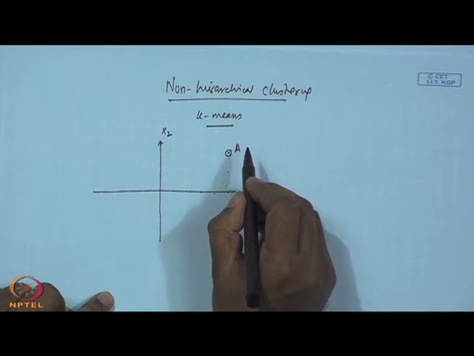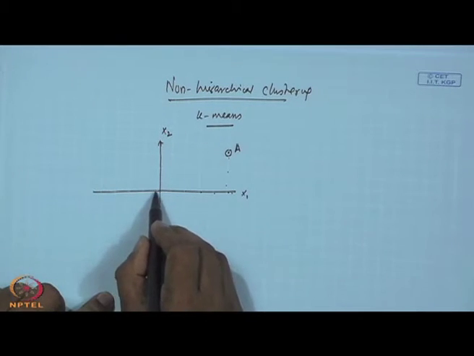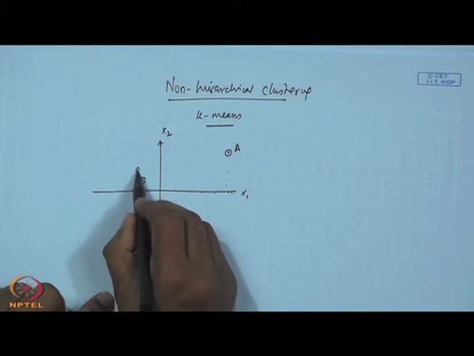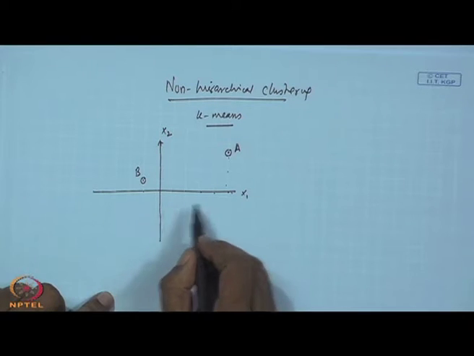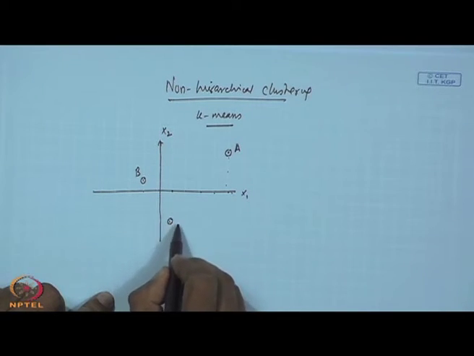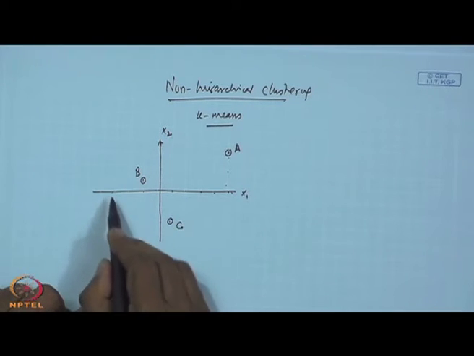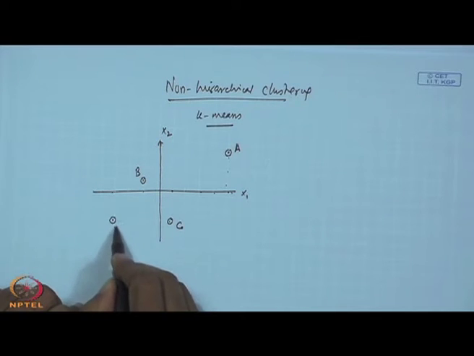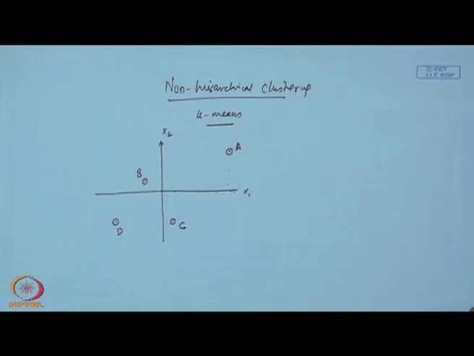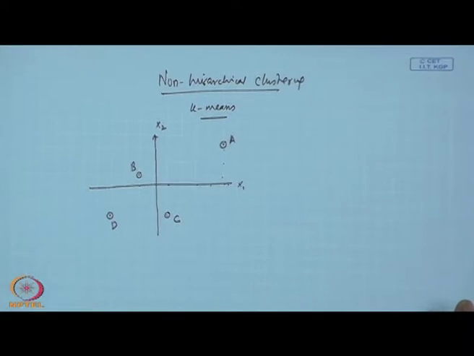Where is my B? B is minus 1, 1. So it is minus 1, then 1. This is your B. Then C is 1, minus 2. So I can say 1 and minus 2. This is my C. Then D is minus 3, minus 2. This is D. Fine. So I want to create possible clusters.